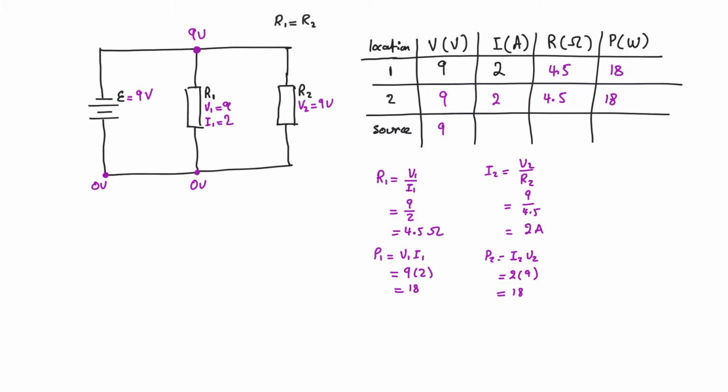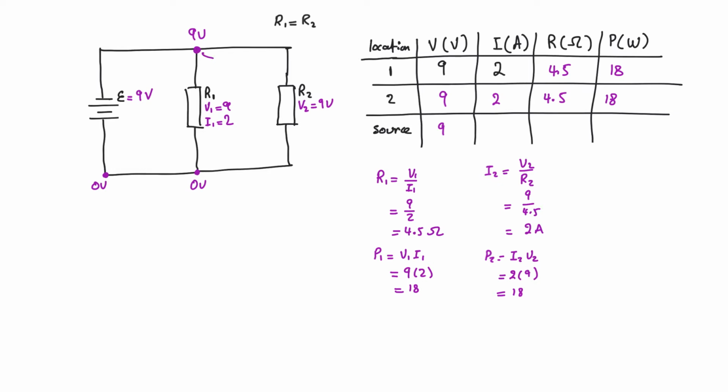Now that I have these pieces of information, I can figure out everything about the source. One way of doing this is just to add up all the powers, and this will be the total power created by the energy source. But I'm going to do this differently. I'm going to use Kirchhoff's current law, which states that at any junction, the current coming into the junction is equal to the current flowing out of the junction.